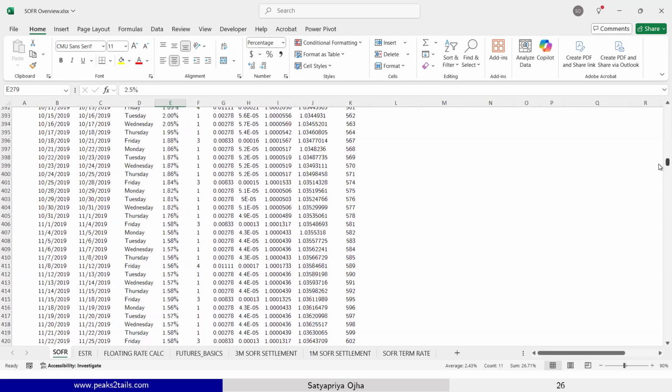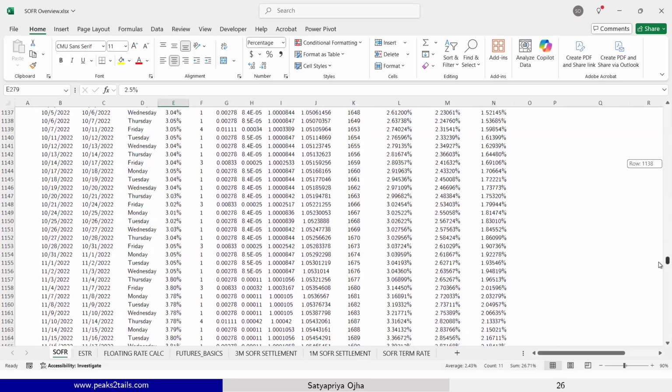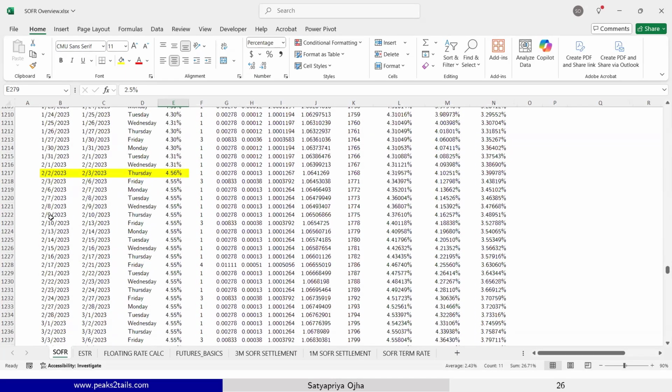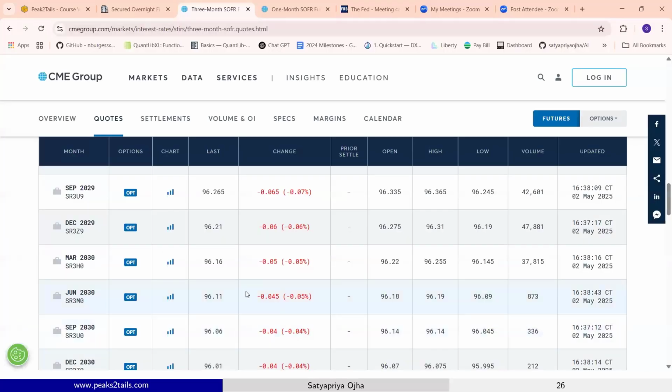let me take you to the year 2023. The SOFR rate is highly reactive to the FOMC dates. The Federal Open Market Committee meets and decides the rate policy, rate cuts or rate hikes.